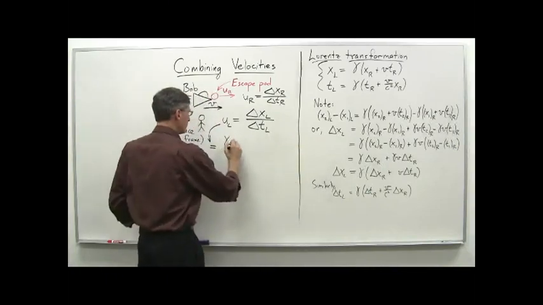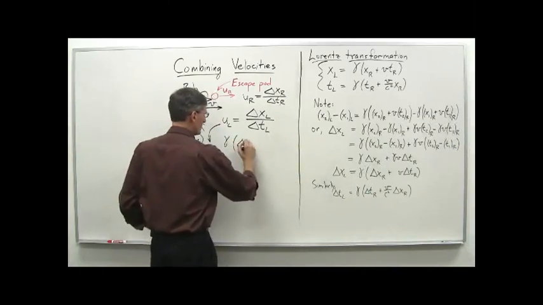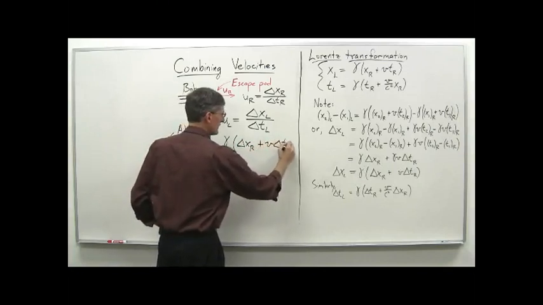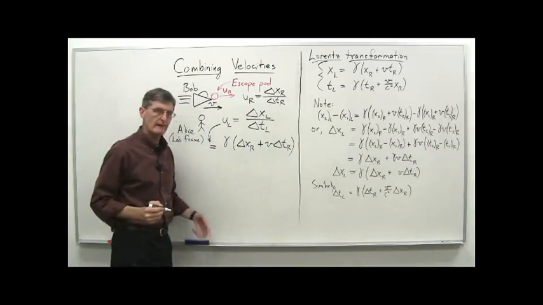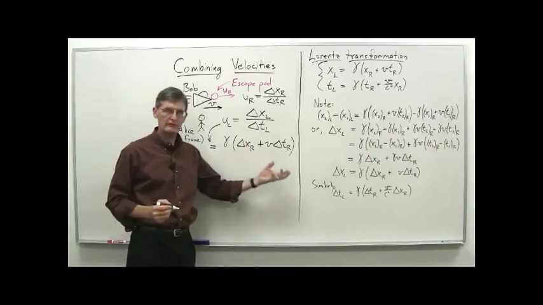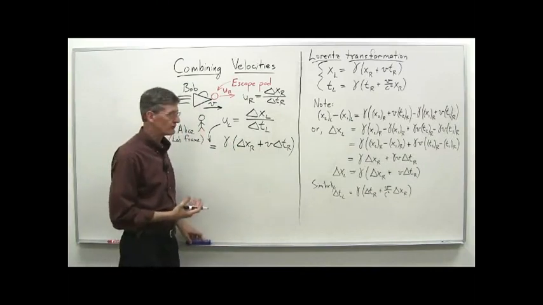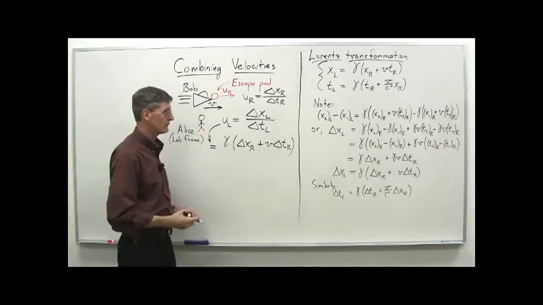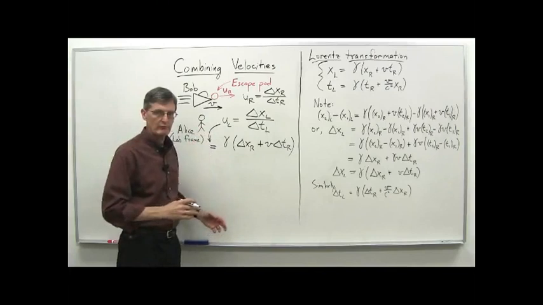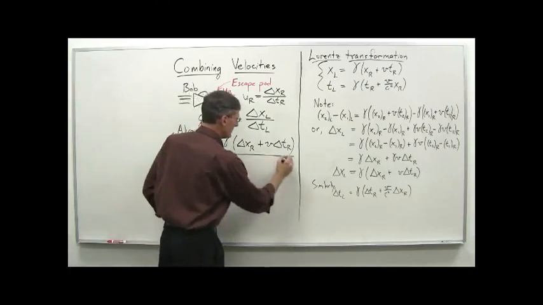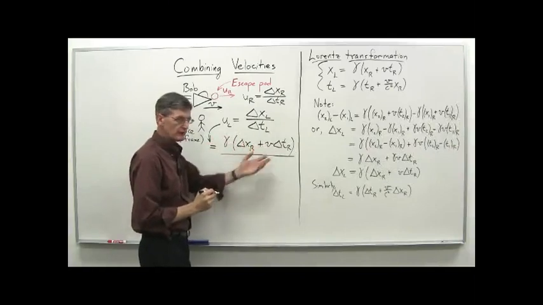So we write gamma times delta x sub r plus v delta t sub r. And this, by the way, is one of the examples where we find the Lorentz transformation is very useful, why we spent the time to actually derive it, see where it comes from. So it's not just a magic formula or anything like that. So that's delta x sub L in terms of delta x sub r, delta t sub r.